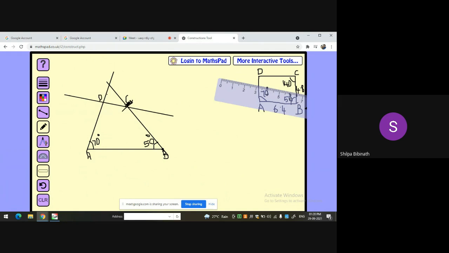Okay. And this angle which we got, this is 140 degree. Okay. Write your measurements: 6.4 centimeter. Unit of measurement should also be written. 6.4 centimeter, 4.8 centimeter.